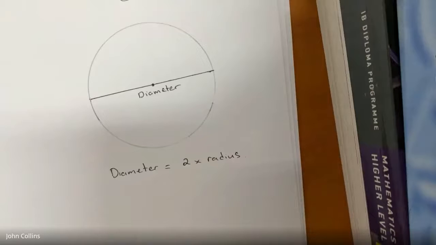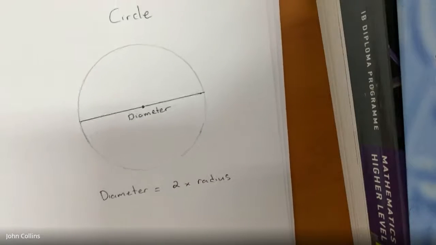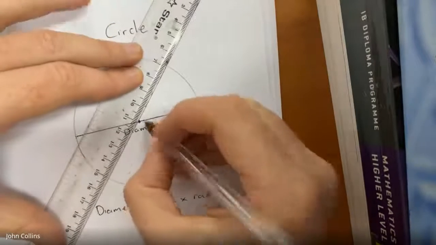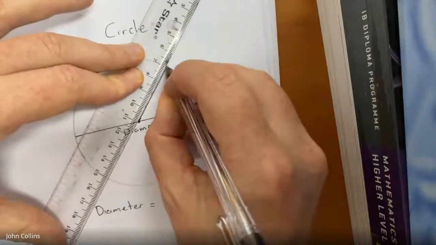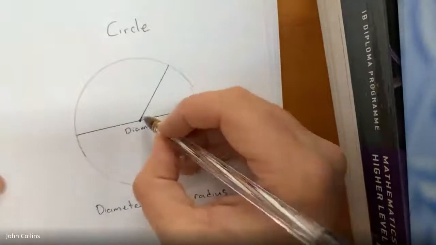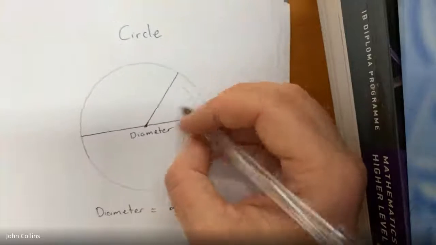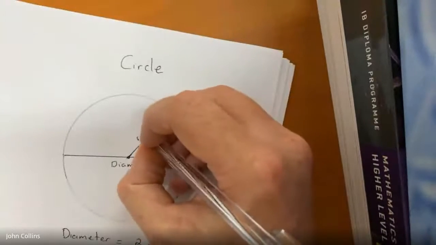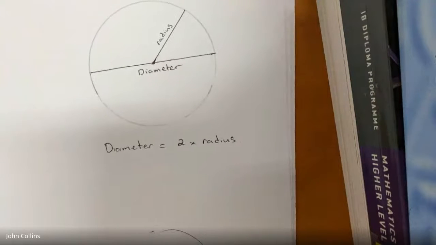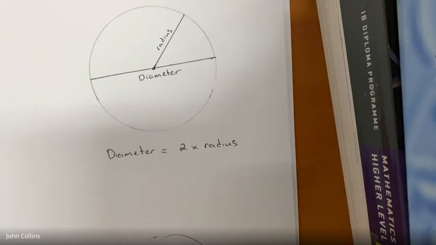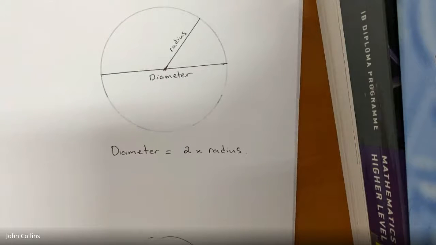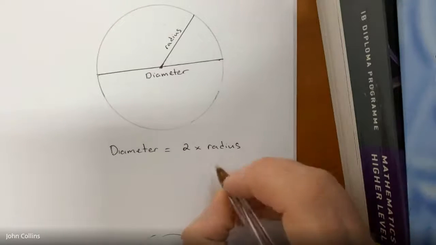So the radius is the line that is half a diameter. It goes from the center, and yes, this has to go in your notes too, from the center to the outside. And that's called the radius. The radius is used more often than the diameter, usually. So what's the radius?